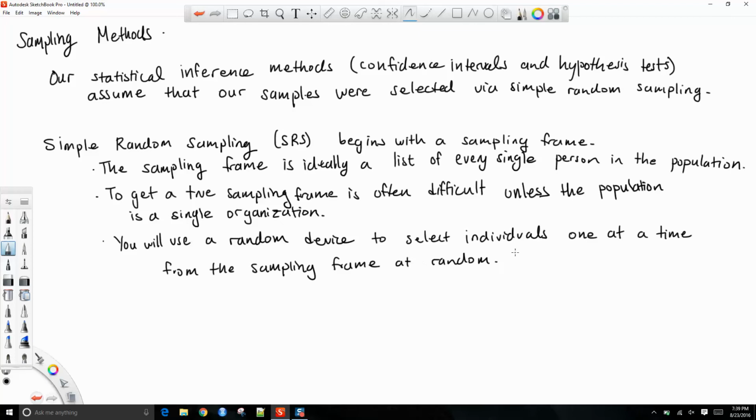The key here is that every individual has an equal chance of being selected, and then every possible sample has an equal chance of being selected too.